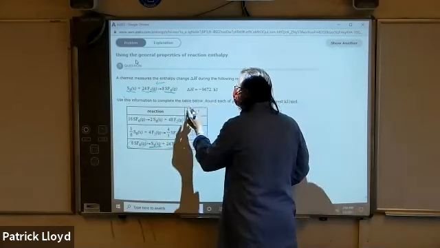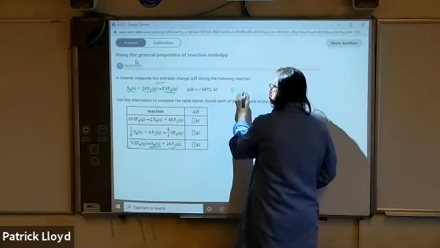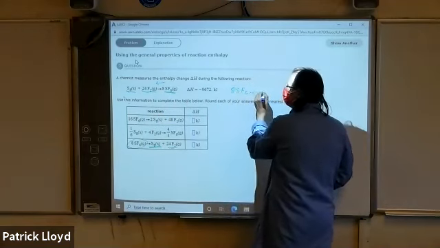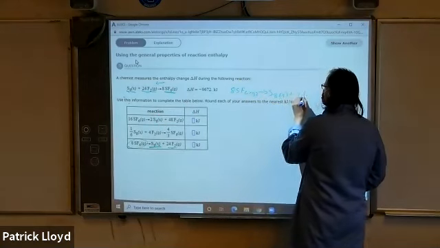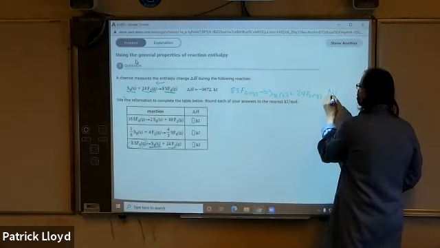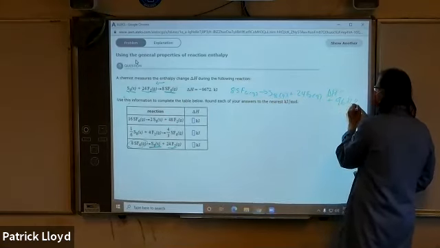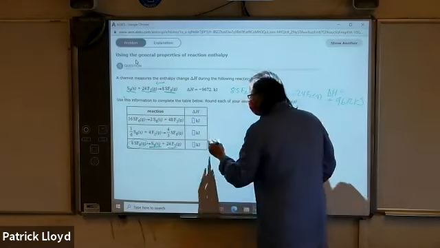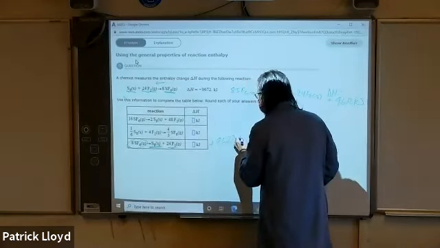If you reverse the equation, so if I write 8 SF6 goes to S8 plus 24 F2, you just change the sign. So it becomes positive 9672. Isn't that cool?